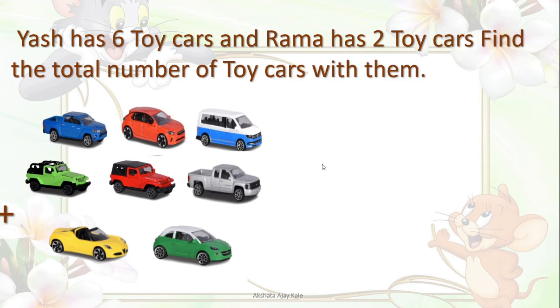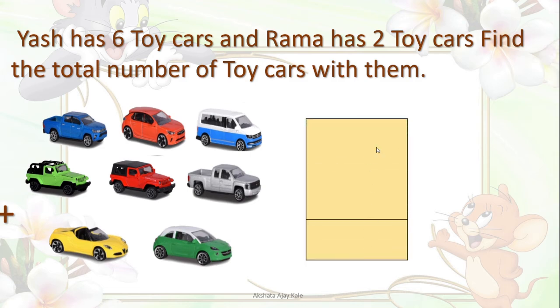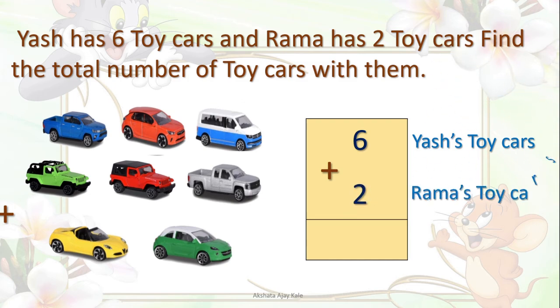Okay, we will move to the format. See here, table. First we will write 6, Yash's toy cars, right? Second, what we will write? We will write 2. Before that we will put plus mark because this is addition. 2, that is Rama's toy cars.